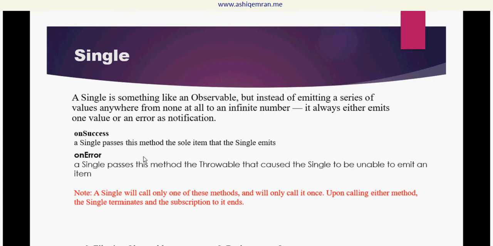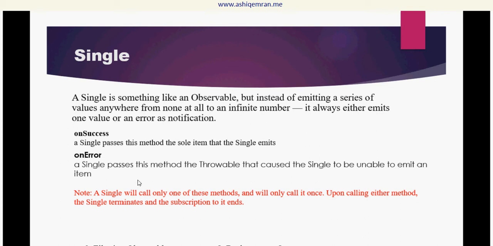So it has two functions. On success, a Single passes this method the sole item that the Single emits. On error, a Single passes this method the throwable that caused the Single to be unable to emit an item.